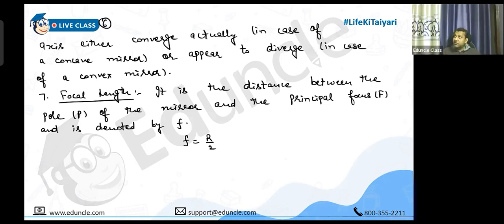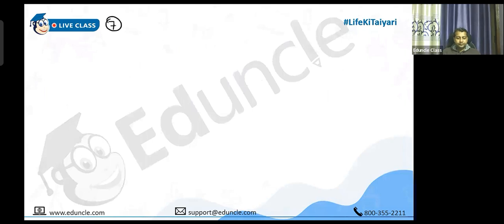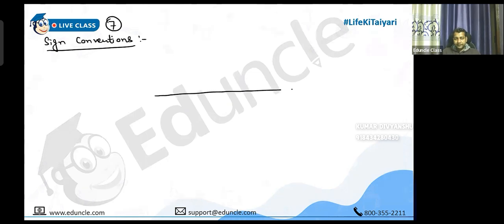Now there are some sign conventions to be used for the image formation by spherical mirrors. Let me show with the help of the diagram. What are the sign conventions?